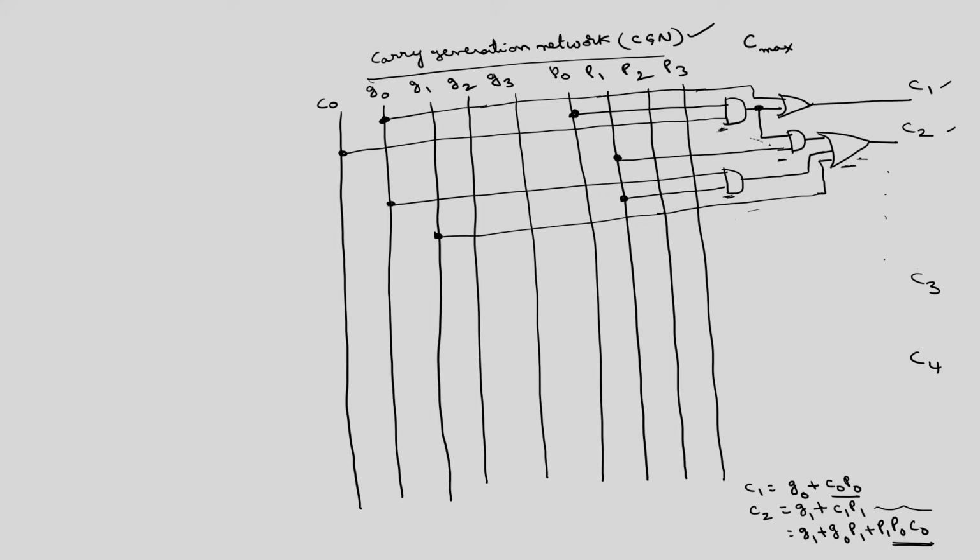So, this path takes more time. Like that, if you take the circuit diagram of C3, C4 also, among all the paths, the maximum time taken by the signal to propagate from C0, G's and P's to C1, C2, C3, C4, that computation time we call C max. So, this C max is the maximum computation time required to generate all the carries.